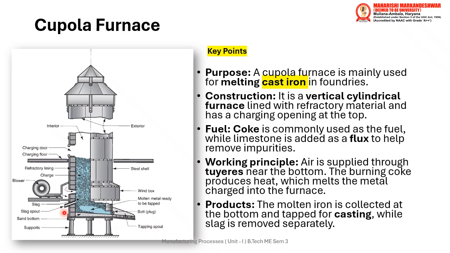Then you have the slag spout, that is the passage through which you can collect the slag. And then this is a blower from which air has been blown, and this is a charge. And when the process heats up and the metal is removed, so this is the portion where the metal is ready to be tapped. So this is a cupola furnace.